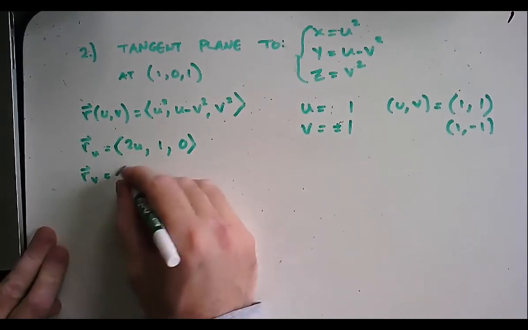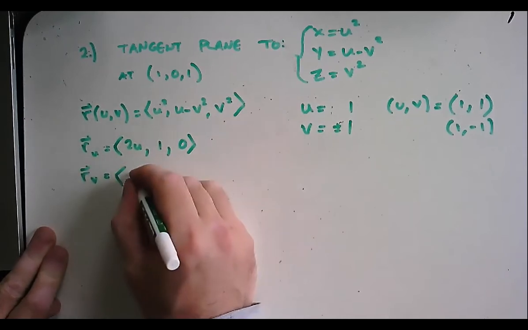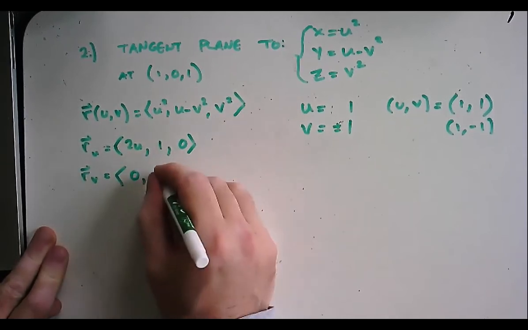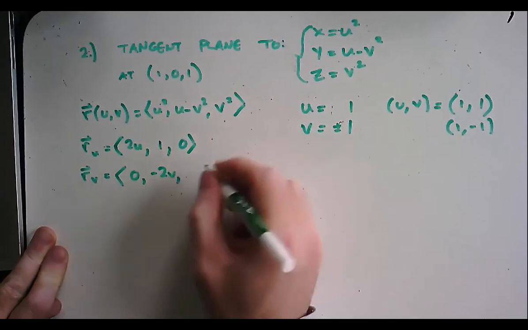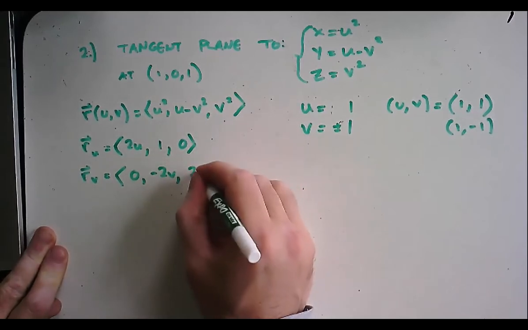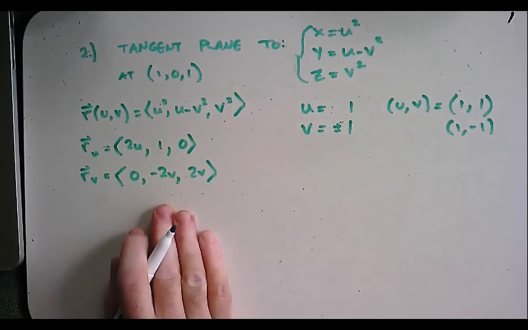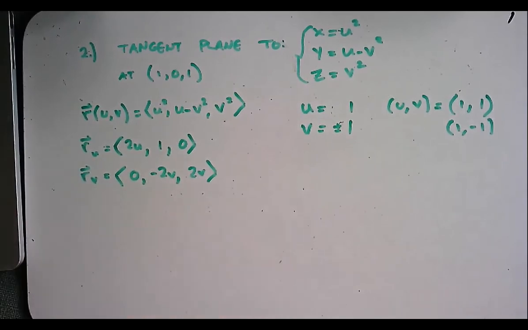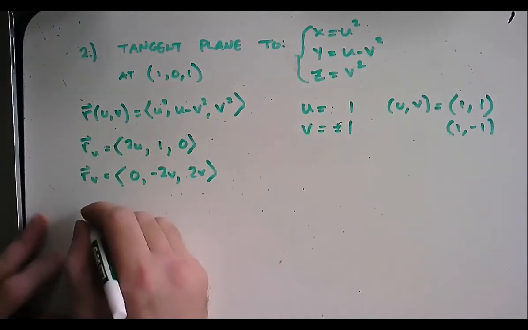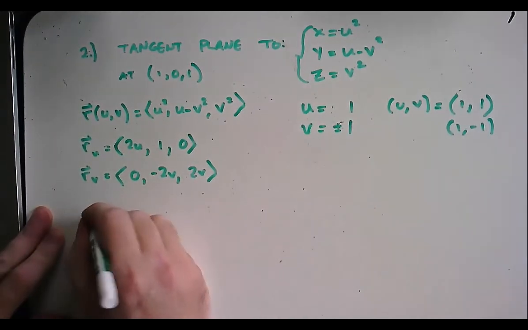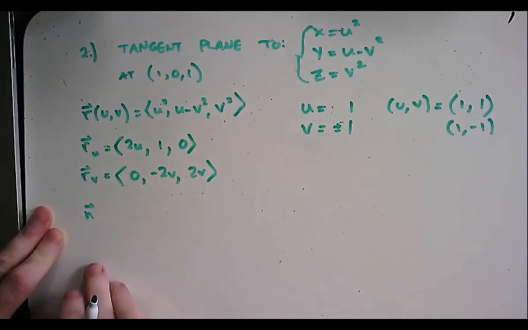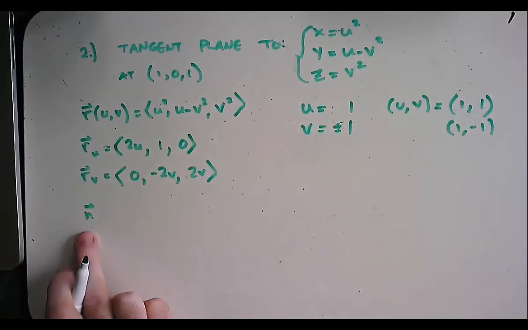And the partial derivative with respect to v, we'd have 0, negative 2v, and positive 2v. So here are two tangent vectors. We're going to take their cross product to find the normal vector. For this problem, I will show all the details of taking that cross product. So our normal vector, and in the book they use the variable n in a way that is a little bit different from the way they've used it in previous chapters.